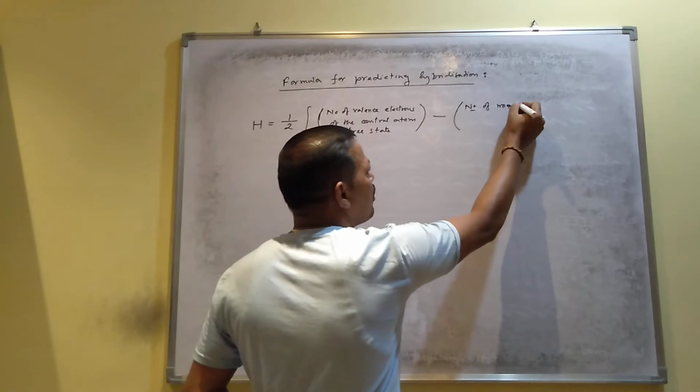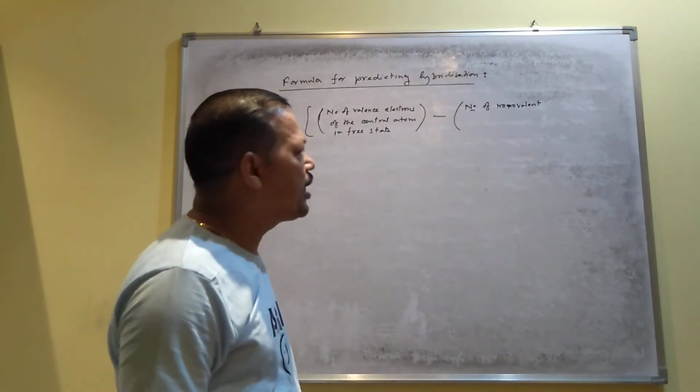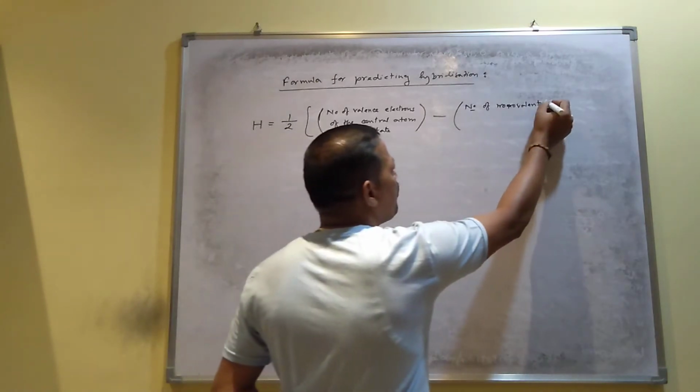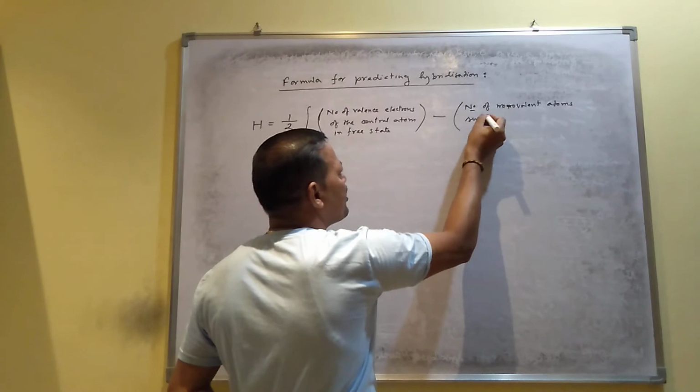Mono means single, monovalent means single valency, I mean those atoms whose valency is 1, they are called monovalent atoms.